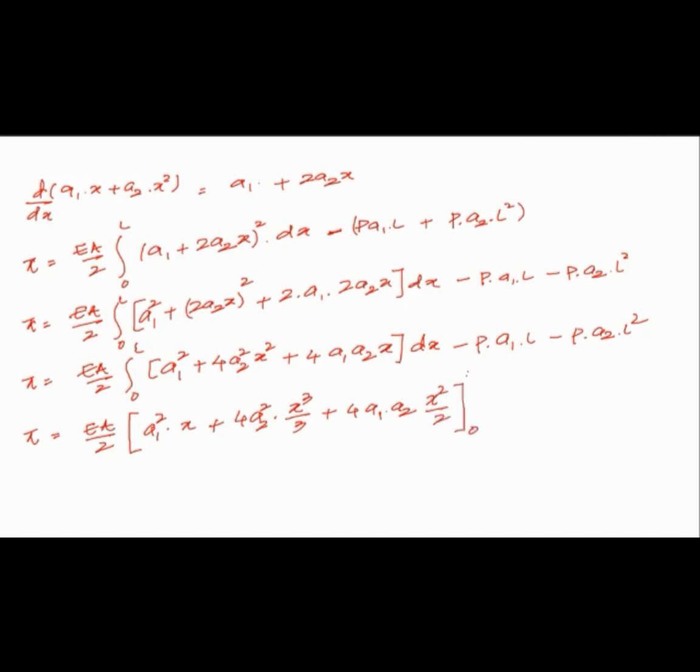Put the limit 0 to L. Then this term as it is, p into a1 into L minus p into a2 into L square as it is. Now here I have to do upper limit minus lower limit.